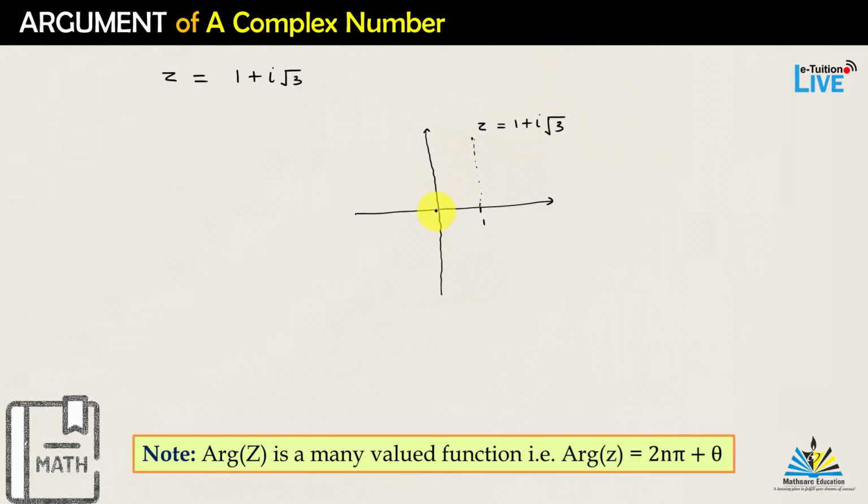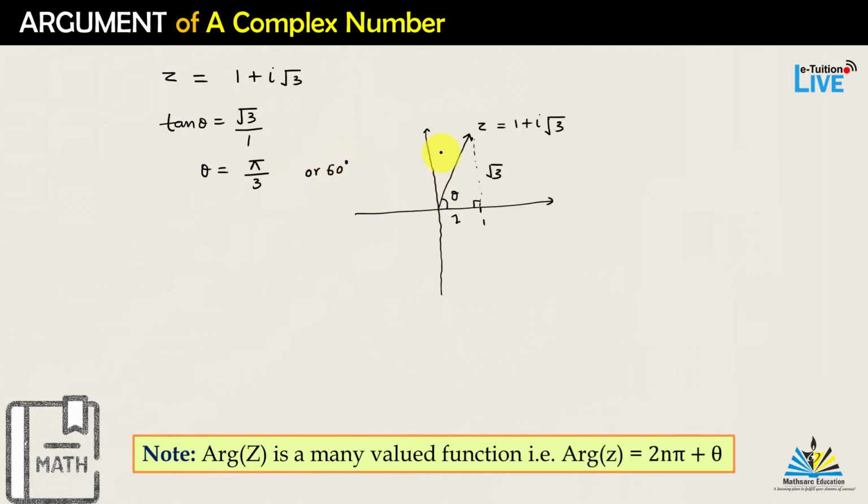Let's say we have this radius vector and it is making angle theta. Then we have tan theta equal to perpendicular upon base. So this is under root 3 and this is 1 unit. So that is equal to root 3 upon 1. Hence theta is equal to pi by 3 or 60 degrees.